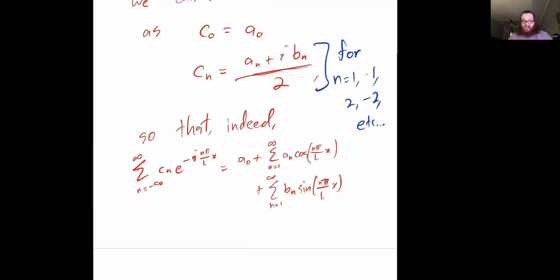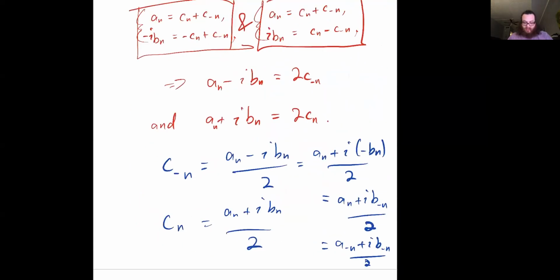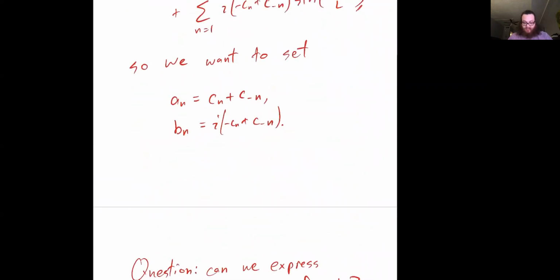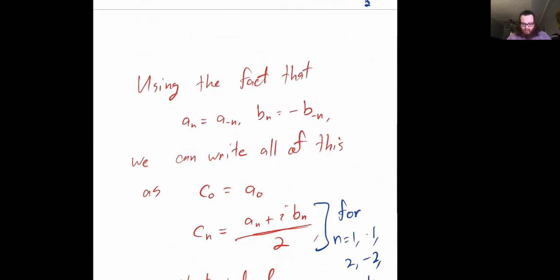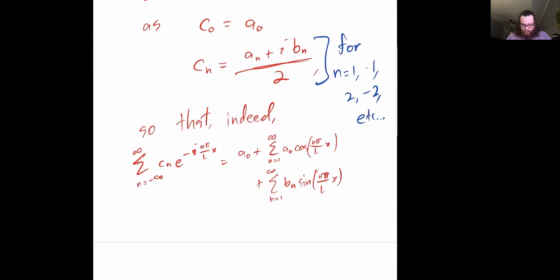Given A sub n and B sub n, we can get C sub n. Given C sub n, we can get A sub n and B sub n. So we can go back and forth. These two representations give the exact same object. It's just two ways of writing the same thing. Cool.